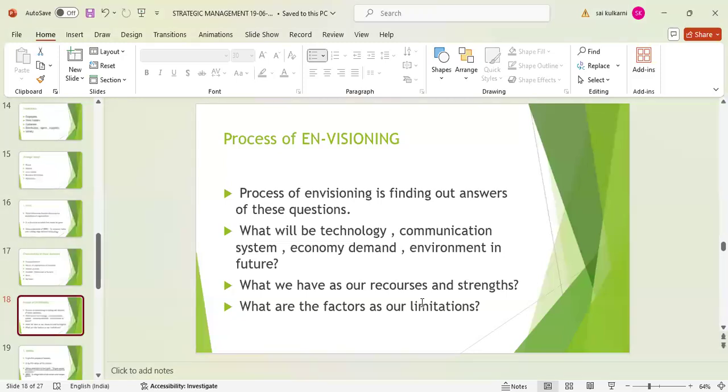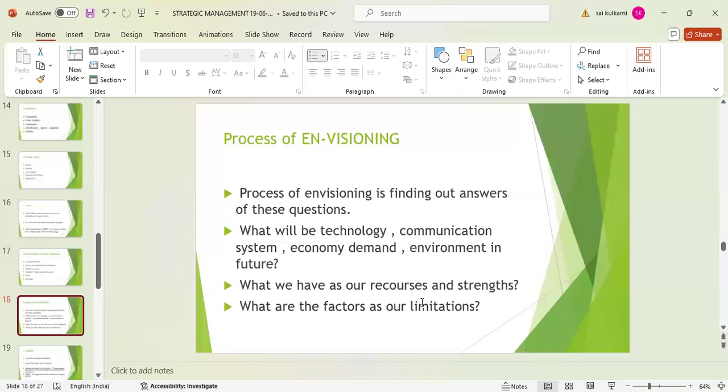There is a process of envisioning, like finding out the answers to questions. Which are these questions? You can ask the questions to the organization, you can find out the answers, and then you will get the actual answer, that is your vision.